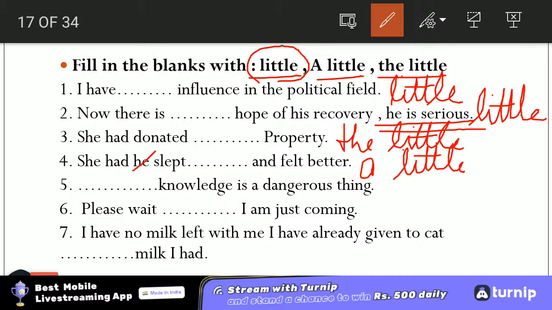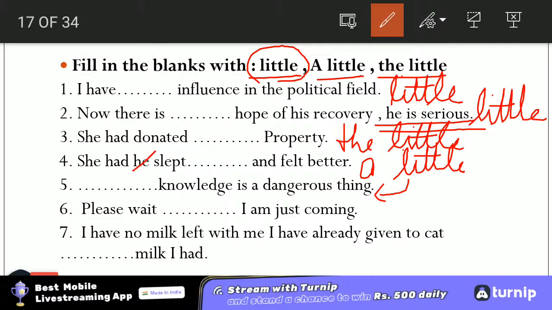Dash knowledge is a dangerous thing. So I right now told you, dash knowledge is a dangerous thing. Yes, जब पूरी knowledge ना हो. So in that case again, a little knowledge is a dangerous thing. Okay, sixth one. Please wait dash, I am just coming.